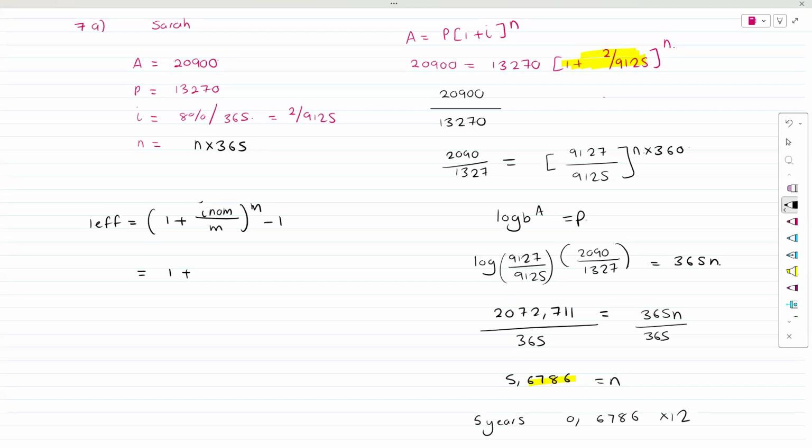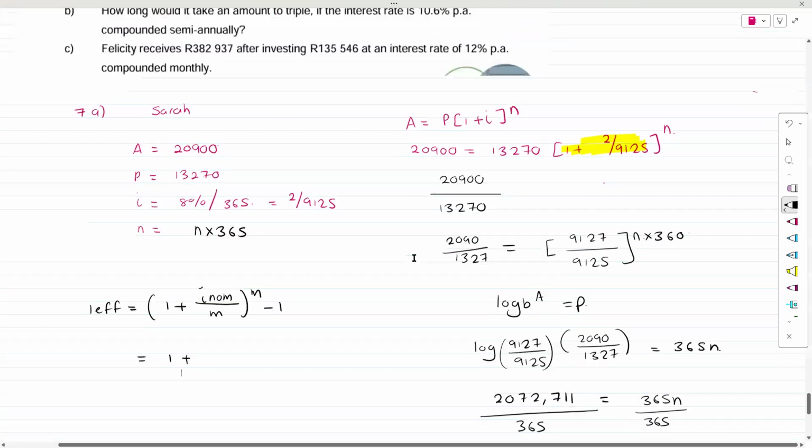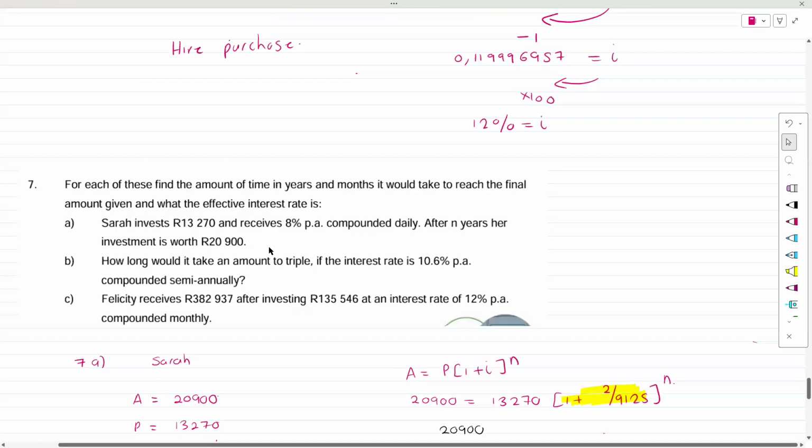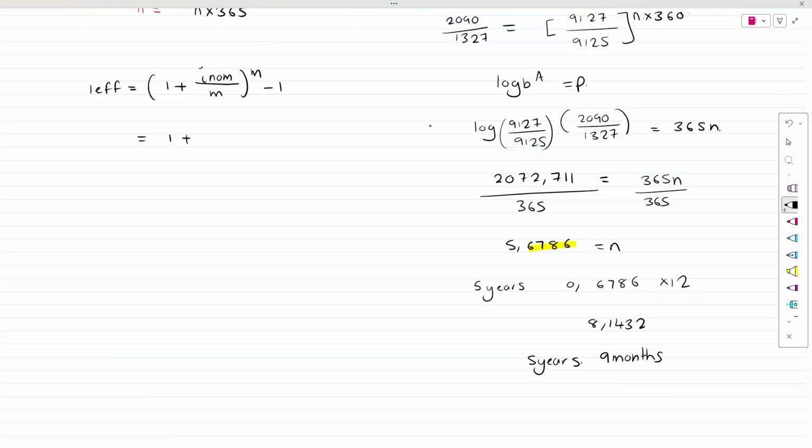Sorry guys, I'm just looking at where I'm a bit lost here. What is the interest rate? Oh, 8%. Okay, cool. I don't want to lose stuff. 1 plus 0.08 over 365, compounded 365 days, to the power of 365, minus 1. And this answer should be 0.0833.